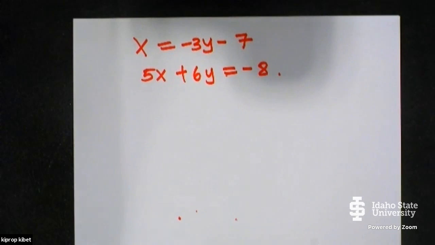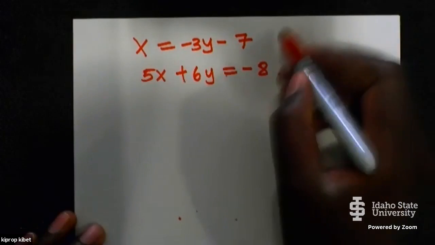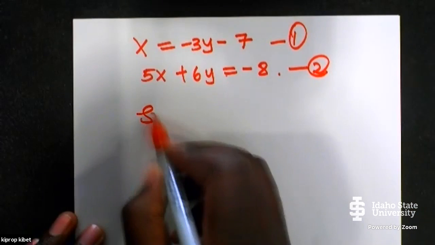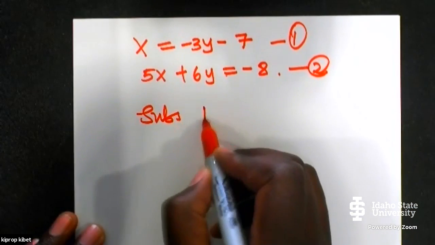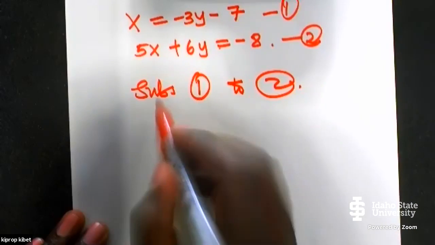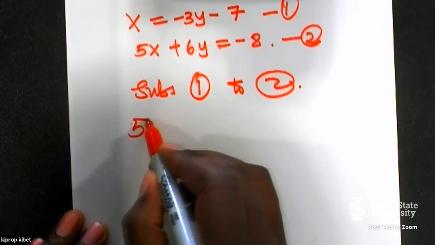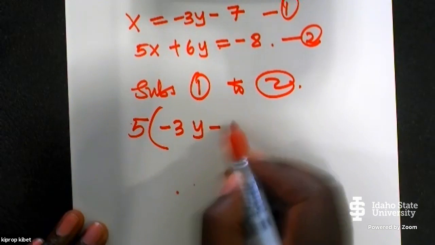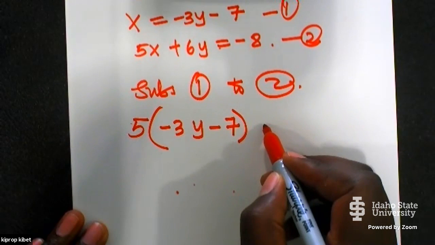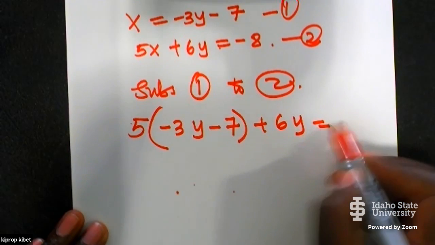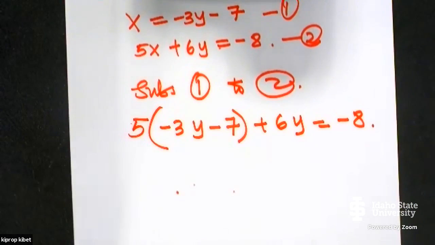So you already have the value of x there. So you can name this as equation number 1, equation number 2. So substitute 1 into 2. So you have 5 times minus 3y minus 7, and then plus 6y equals minus 8.